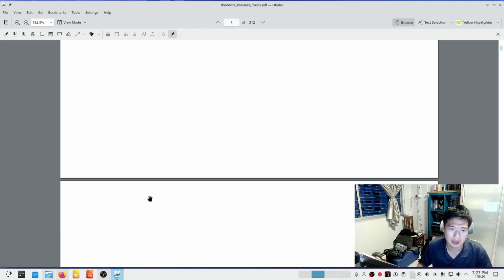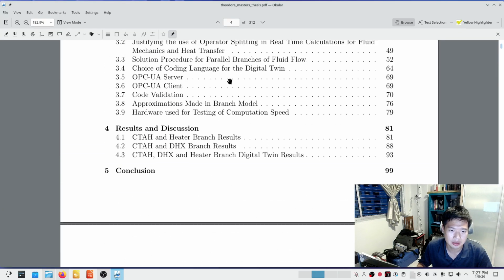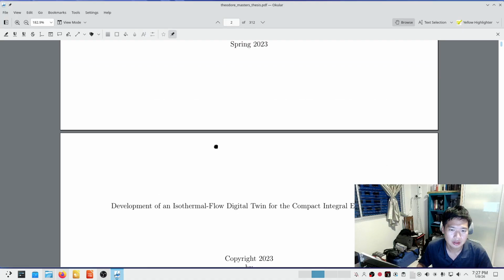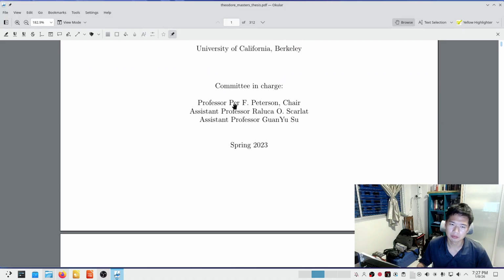It was guided by these professors right here. My professors: Per Peterson, one of whose ex-students was Rui Luca Scarlett, who graduated and became a professor herself, and she guided me. She's really, really good, very thorough. I learned a lot from her.